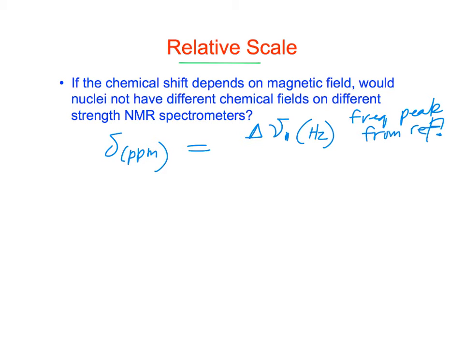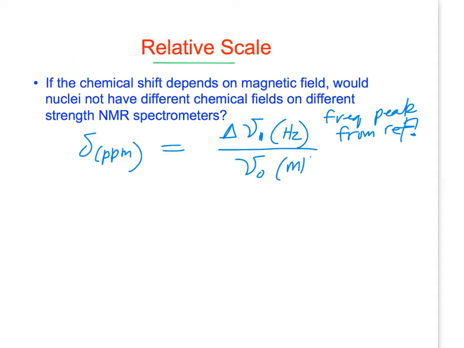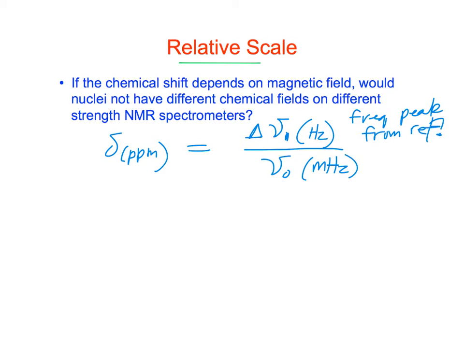Okay, so it's a relative distance. And we're going to divide this by frequency 0, and this is going to be in megahertz. This is the frequency at B0. Okay, so 200 megahertz, 300 megahertz, 400. That's of the magnet. All right.